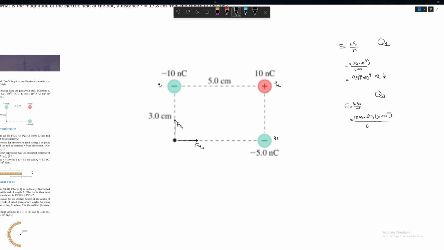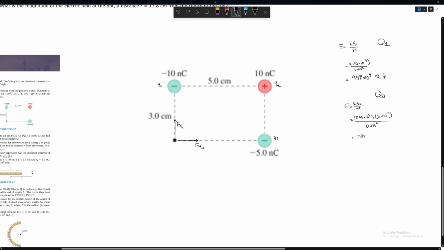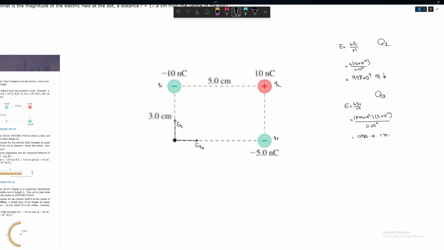All right, and there's a squared here as well. And so what I get is 17,980, which is equivalent to 1.79 times 10 to the 4 newtons per coulomb. This is my Q3.